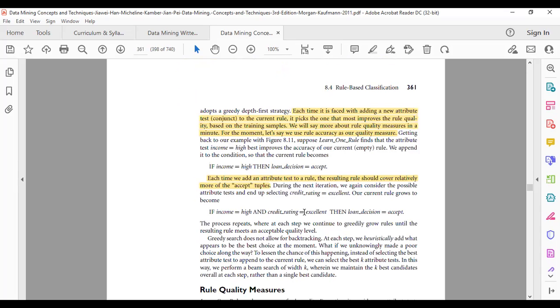So here credit rating is equal to excellent. When credit rating is equal to excellent, then we see that the loan decision is accepted. So we add this particular condition. In this way, we go on adding more and more attributes to the rule. So this is called a sequential covering algorithm. That's all in this lecture. Thank you for watching.